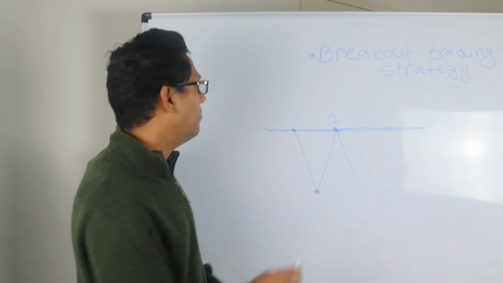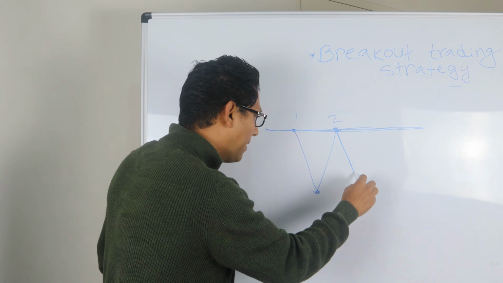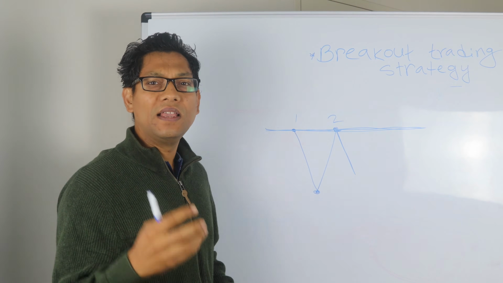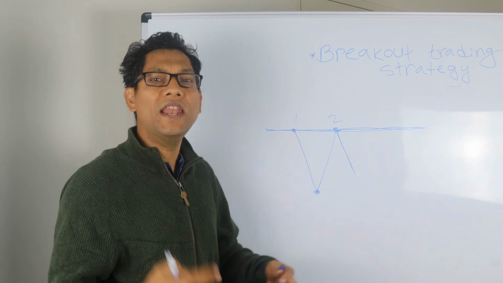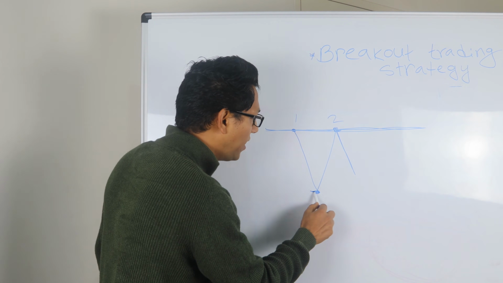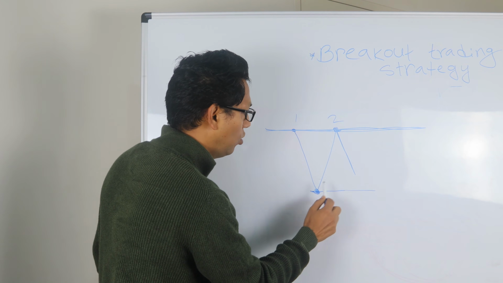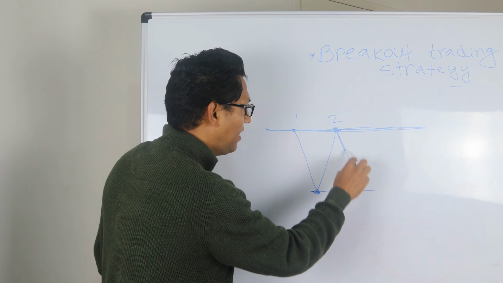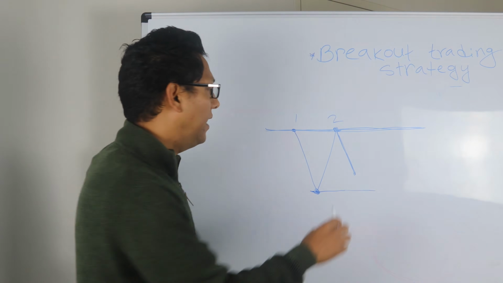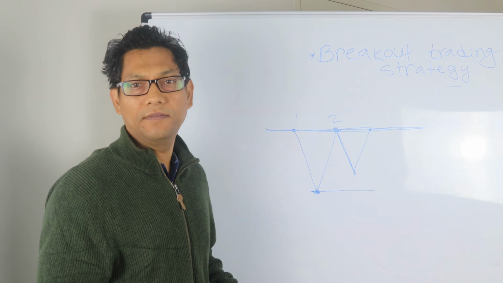Now the second time, the seller came back and pushed the price back below, but the seller is not strong enough to bring the price to where it was before. Okay, so this was the lowest point, but the seller exhausted here, and the buyer came back and pushed the price back to the resistance again.